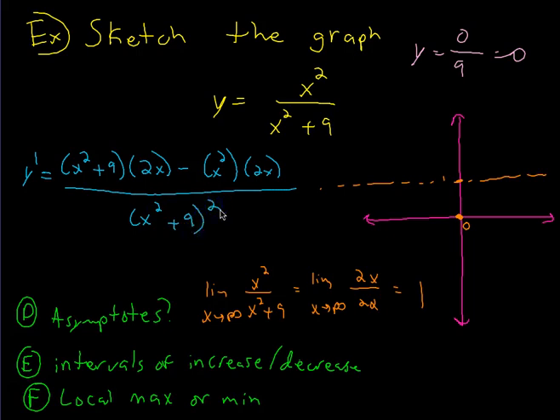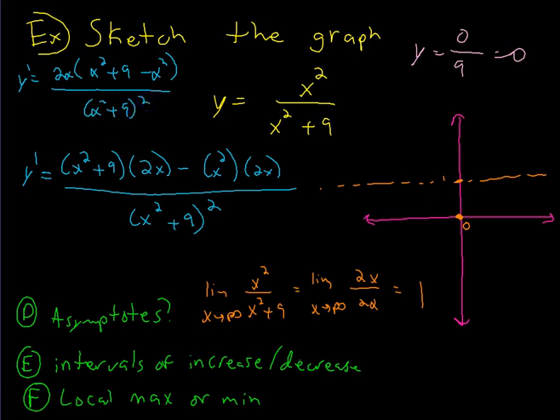So if I simplify this, both of those have 2x in common, so I can factor out a 2x. What's left is going to be x squared plus 9, subtract x squared, all over x squared plus 9, quantity squared.